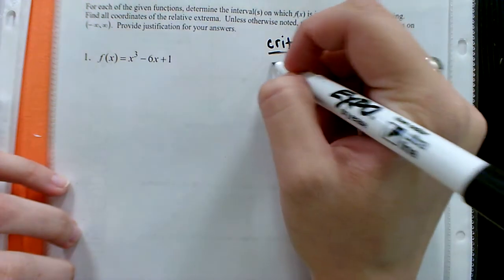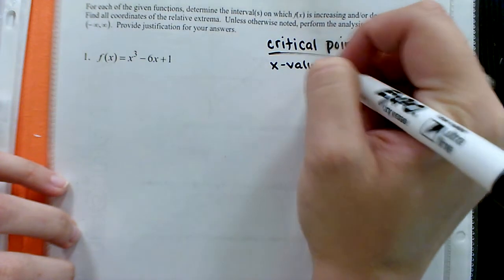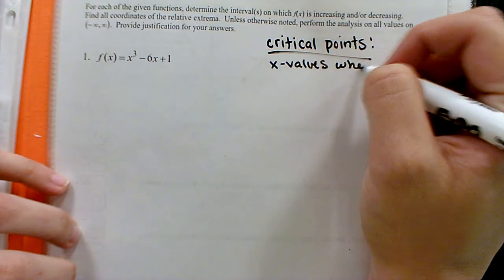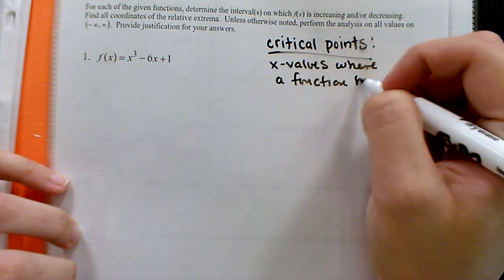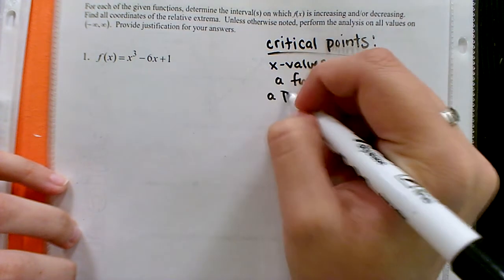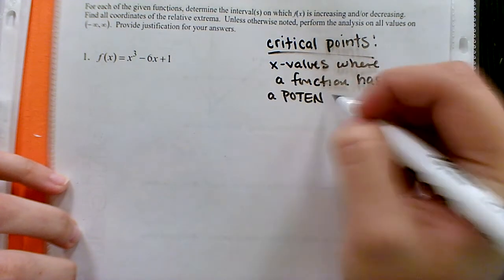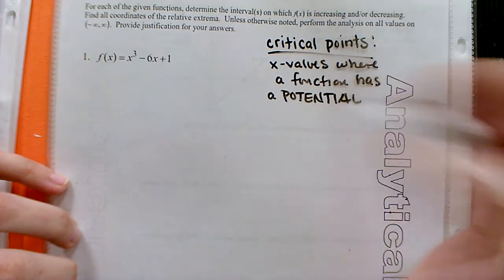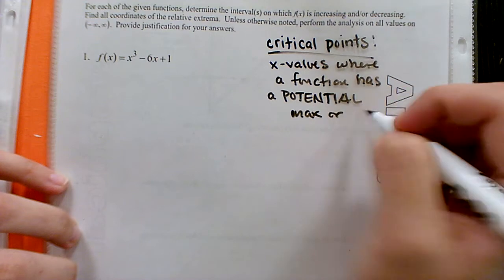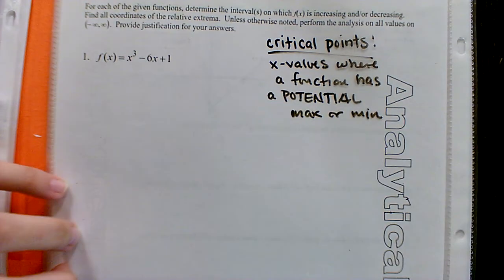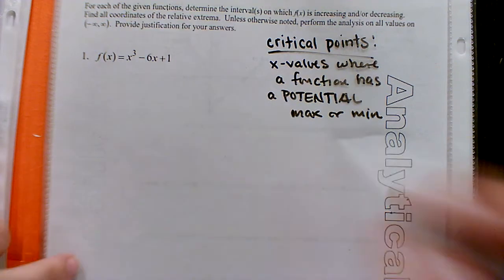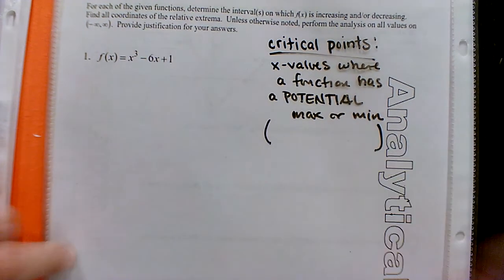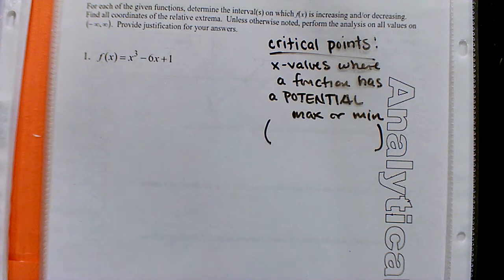Critical points are x values where a function has a potential or possible max or min. So possible locations where we have a high point or a low point.